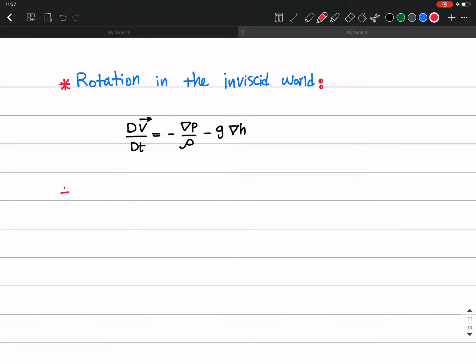Okay, so let's now define velocity potential. What is velocity potential in this context?